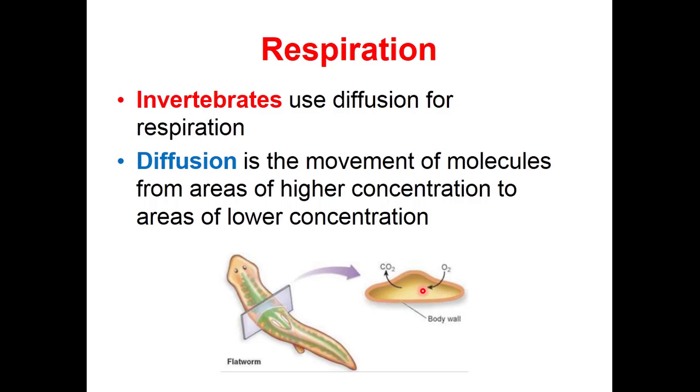When the amount of carbon dioxide increases inside the flatworm's body, the carbon dioxide will move out of the body to the lower concentration in the atmosphere, and the oxygen will enter again. And when the oxygen is consumed inside the body, the amount of carbon dioxide will increase, making this area higher in concentration, so the carbon dioxide will move out through the flatworm's body.